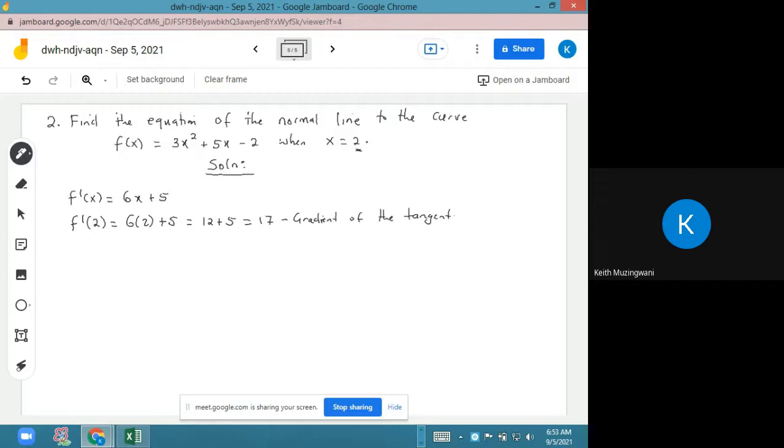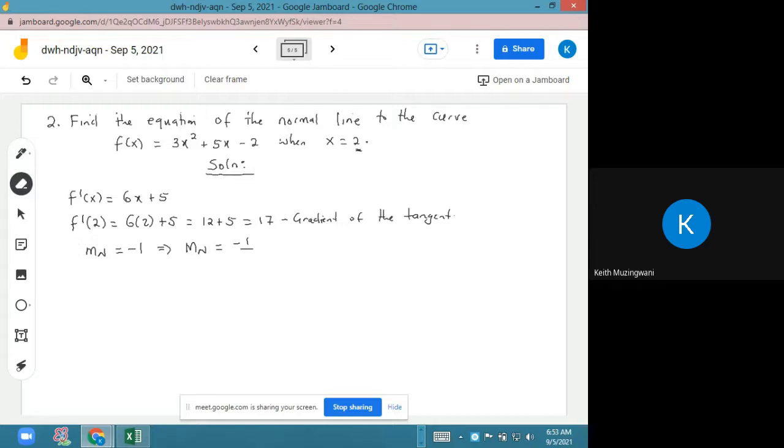Which we know that when this is multiplied by the gradient of the normal, we must get -1. This means that the gradient of the normal is equal to -1 over this 17.